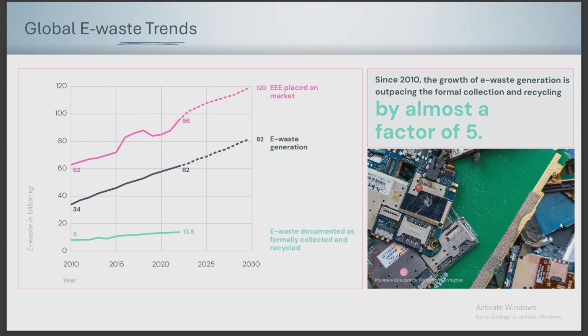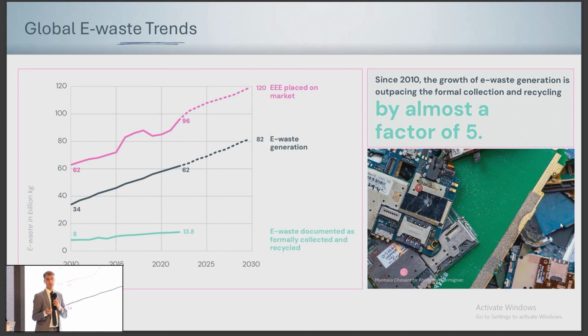First, starting with the facts. The amount of e-waste is rapidly growing, from 34 billion kilograms about a decade ago to 62 now, and it's projected to grow to 82 billion kilograms. At the same time, the formal recycling of e-waste has also grown.